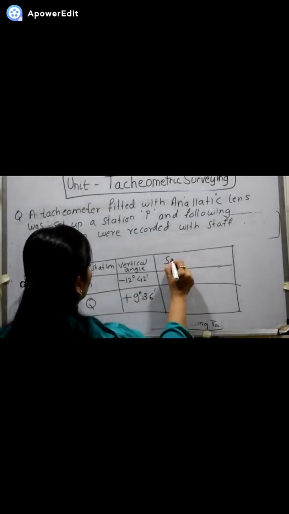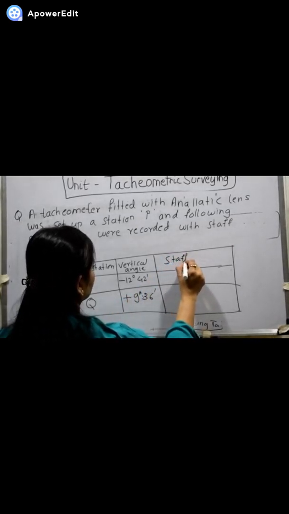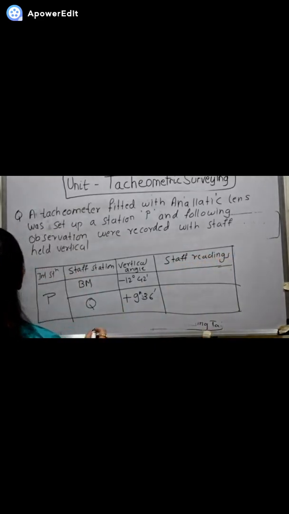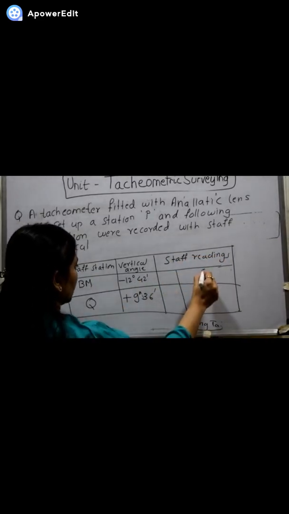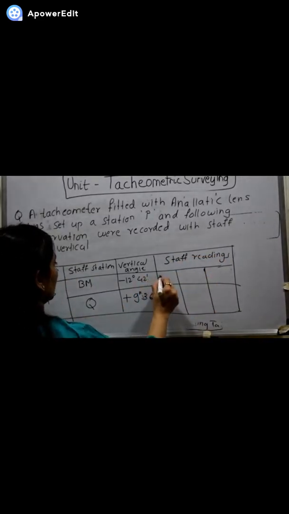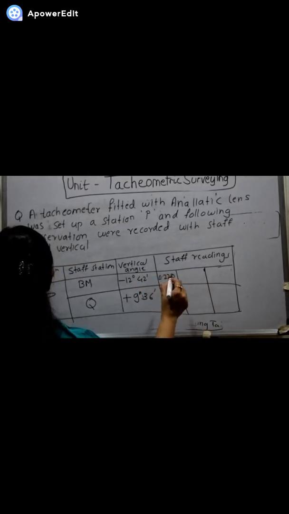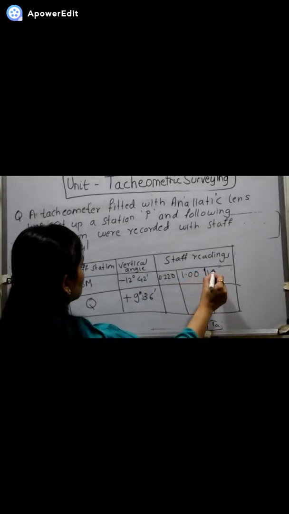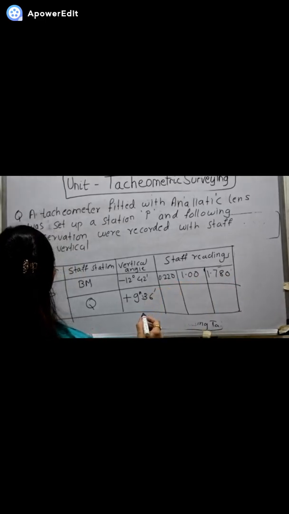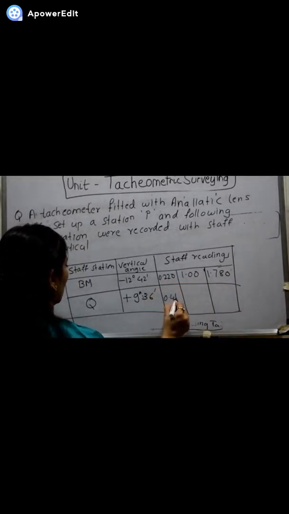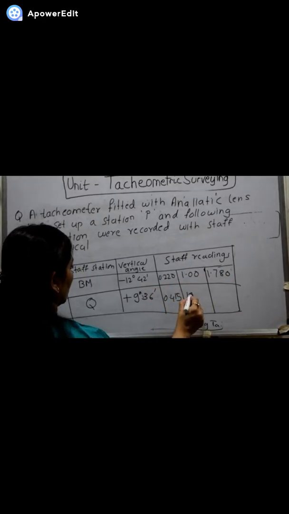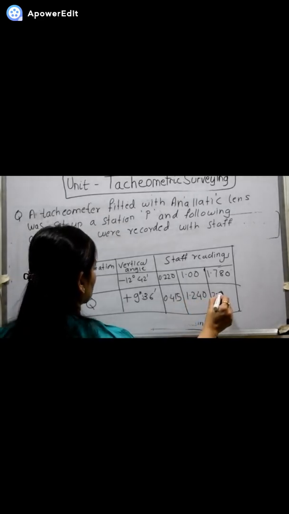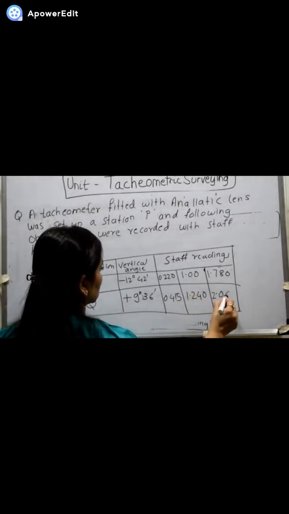Now there are staff readings which are observed in the field. It is divided into 3 parts: 0.220, 1.00, 1.780, after that 0.415, 1.240, 2.065.